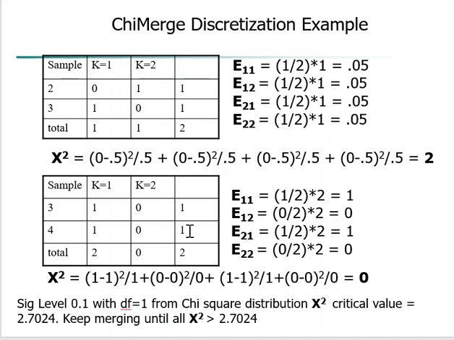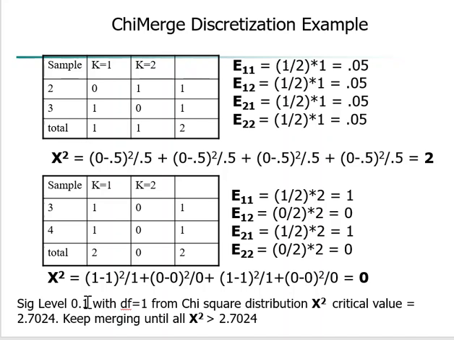Okay, so the current intervals and class labels are not very well correlated. And I noted here that because we're always going to have these 2 by 2 tables, our degree of freedom is always 1. If we set the significance level to be 0.1, then our critical value for chi-square will always be 2.7.